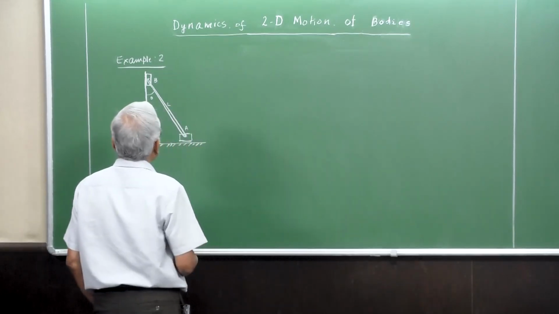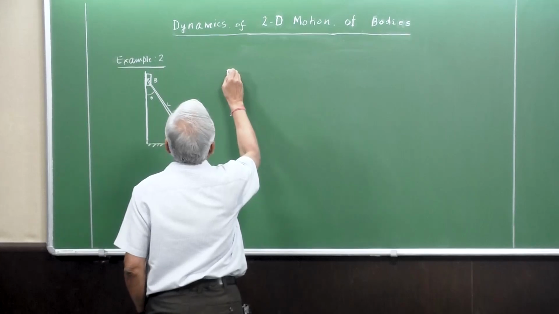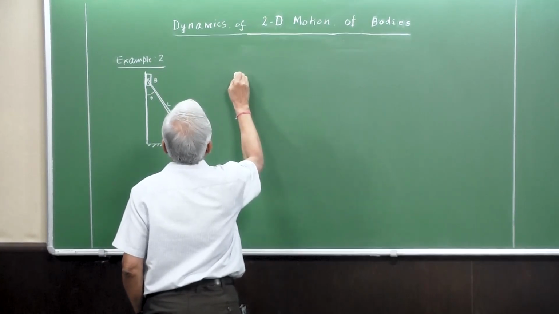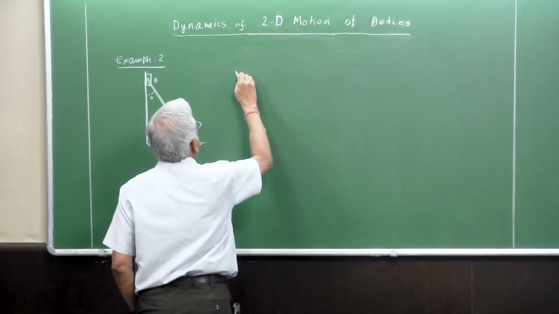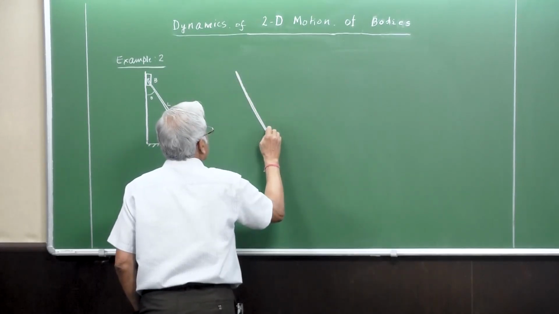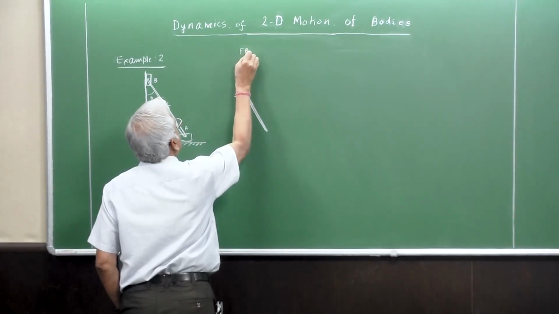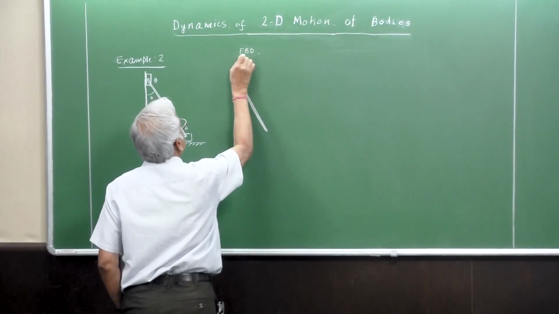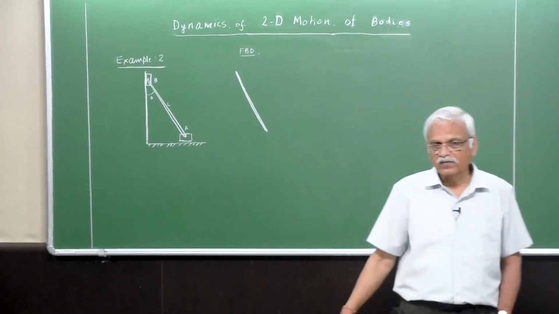So now let's look at how we can apply the dynamic equations. For that, let's draw the free body diagram. In fact, now you can recall the importance of the free body diagrams, which we started off in the static equilibrium case.